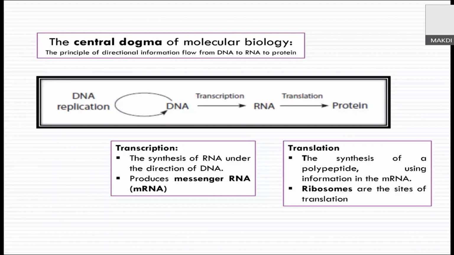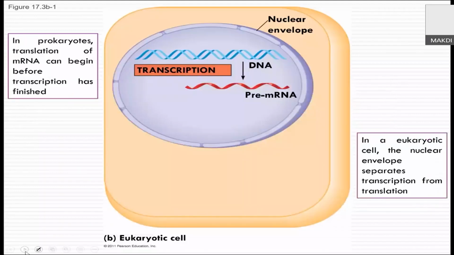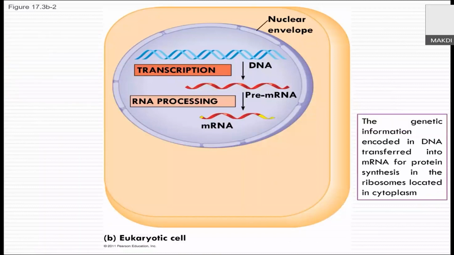So bila dia jumpa ribosome, the ribosome will translate the information from RNA tadi into protein. So this protein yang akan bagi kita karakteristik ataupun enzim macam insulin gitu. Okay, this is the process. Harus cepat je lah ya.